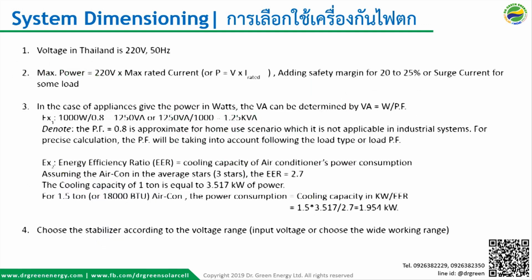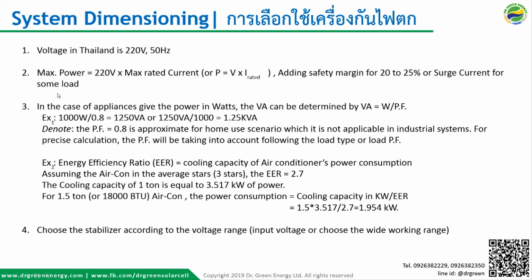Alright? So from the relationship of the VA and the watt from the previous slide, we can continue discussing when we do the system dimensioning. The first factor that we need to be aware of, or take as the input, is that in Thailand the system voltage is 220 volt, 50 hertz.